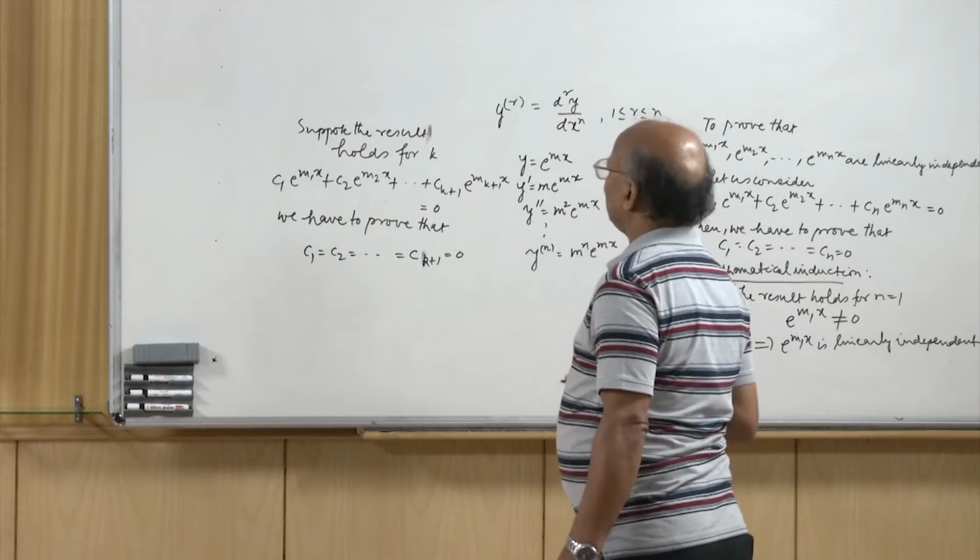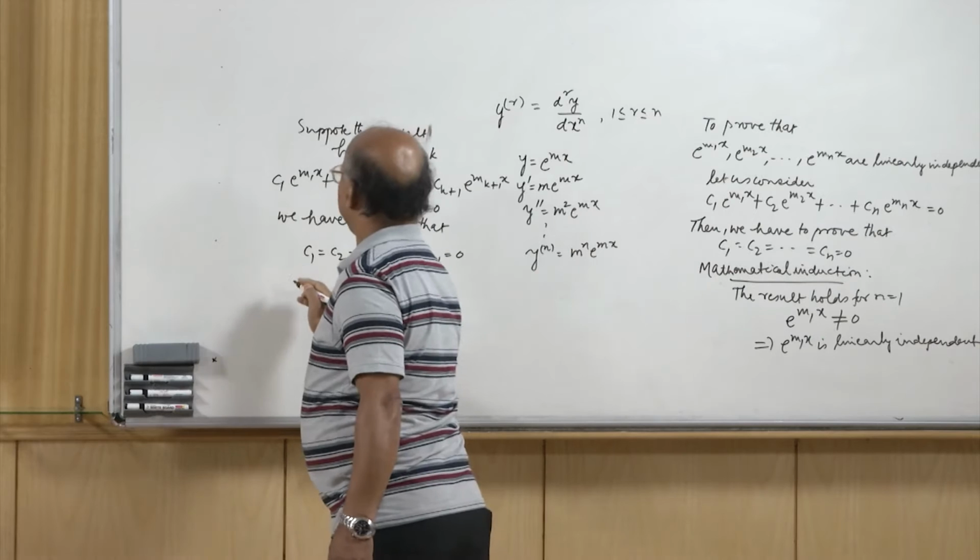Now, since e to the power m1x is never 0, we can divide this equation by e to the power m1x.